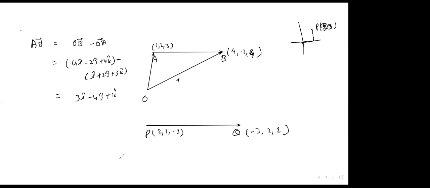So PQ vector is Q minus P, that is minus 5i cap plus j cap plus 4k cap. This will be PQ vector.